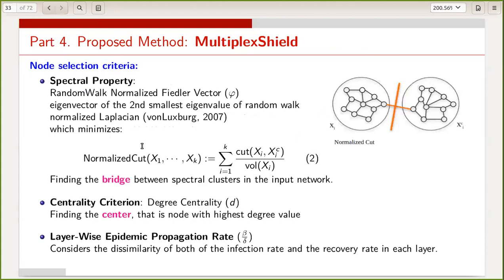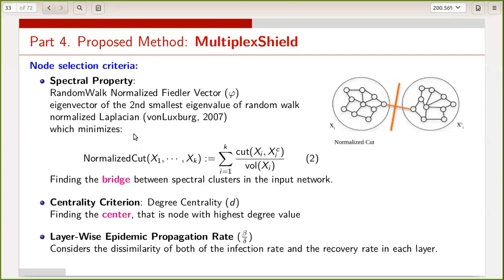So we want to handle the multiplex network as well as improve our previous selection. In the previous one, we only used the standard largest eigenvalue, which has some limitations. So here, we use the random walk normalized Fiedler vector. The Fiedler value is the second smallest eigenvalue of the Laplacian matrix.